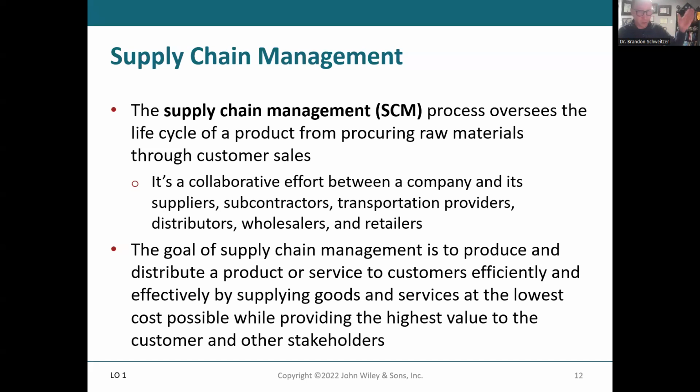Raw materials, work in process, and ultimately finished goods, because it helps to collaborate among our suppliers, distributors, contractors, transportation, warehousing, and retail, etc. Of course, the goal here is to produce a very cohesive service to our customers, through selling our products, etc.